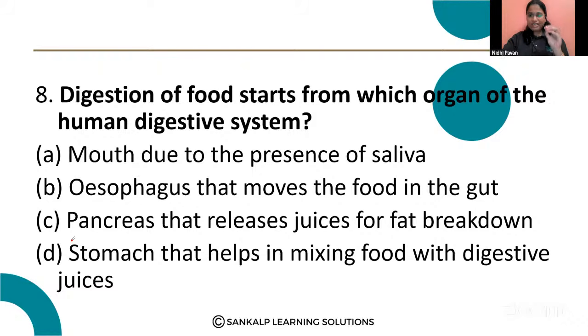Where actually digestion begins in the human beings. Yes, anyone? Eighth A. Okay. Very good. So the right answer for this is option number A. That is mouth due to the presence of saliva.